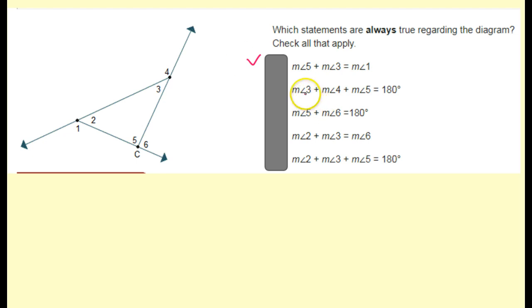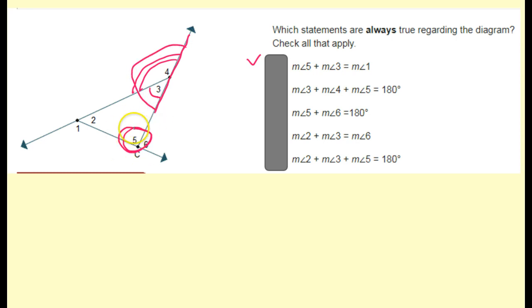Okay, angle 3 plus angle 4 plus angle 5 should equal 180. So let's stop there. Angle 3 plus angle 4 is already 180 degrees because this is a straight line. So together these already make 180 degrees.